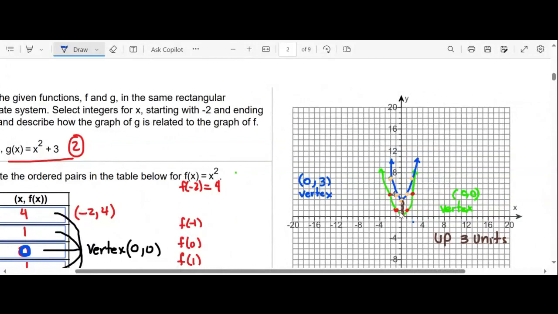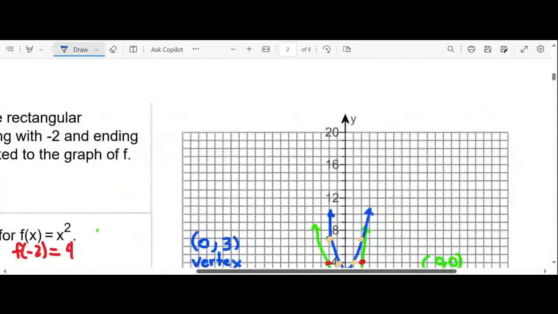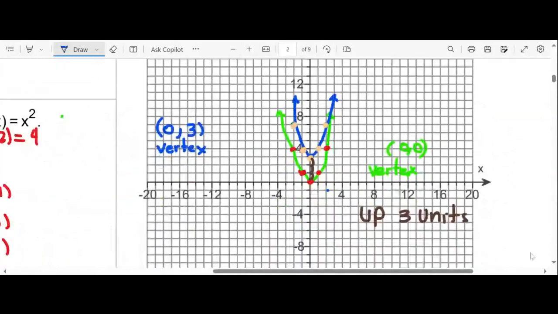Negative 1 and 1. So you put it here. Everybody has the numbers, right? And what's the next number? Negative 2, so we put here negative 1 and 1. What's the next number? Negative 2 with 4.